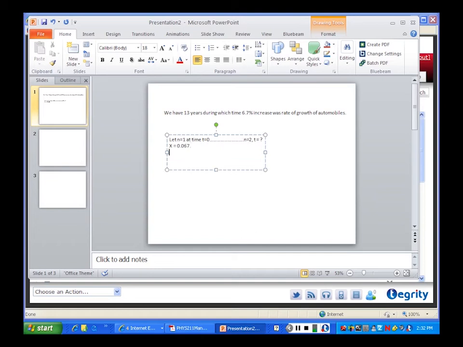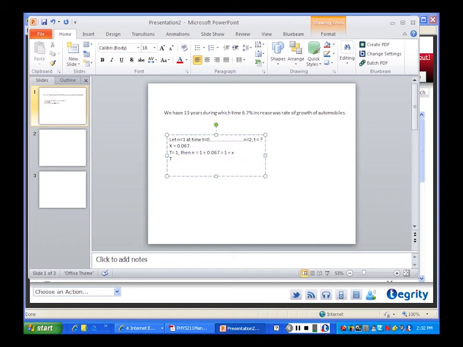Okay, so what does that mean? Well, after 1 year, when t equals 1, so let's write that down, then the number will be the number you start with at the beginning of that year, which is 1, plus the interest rate, 0.067, won't it? Or to write that generically, we just say 1 plus x.